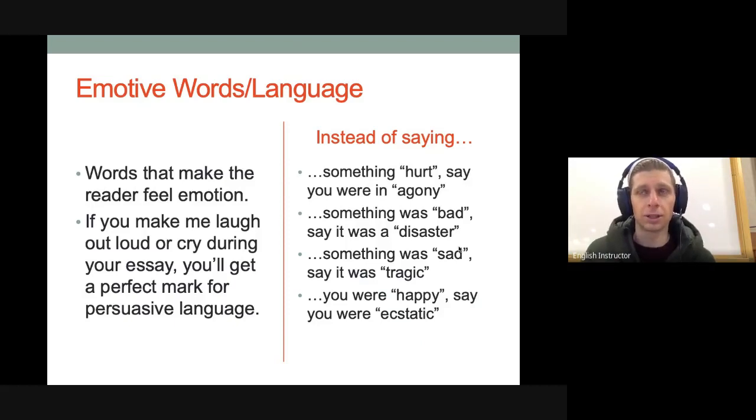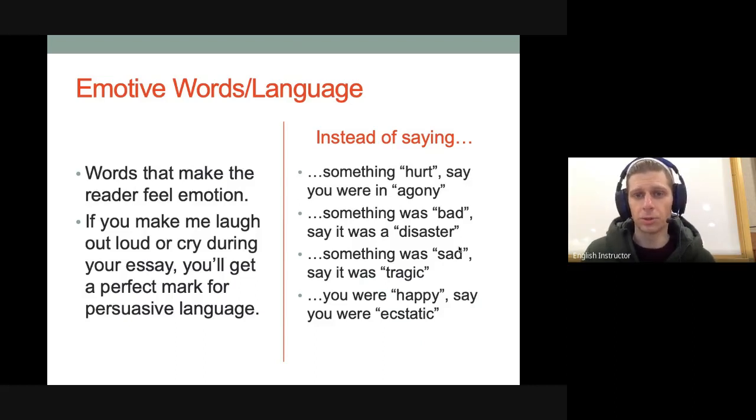So much like the smiley face, or the frowny face, the crying face, the one with the little heart eyes, we're using symbols with emoji, but here we're using words or language that can help the reader understand more of the emotion.